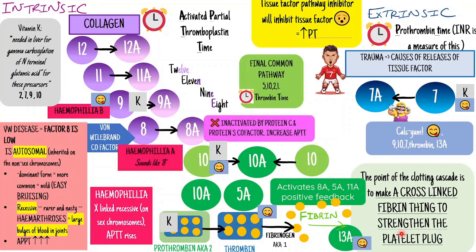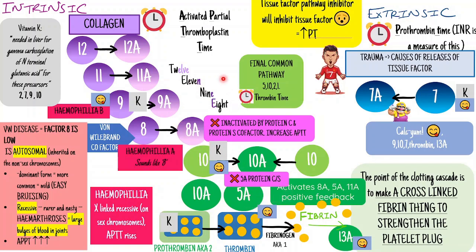Unfortunately, there's a little bit more, but we're almost done. 8A and 5A are inactivated by natural things called protein C and also protein S cofactor. These are produced naturally in the body when your body doesn't want to clot as much, and it's going to come along and inactivate 8A and 5A, put a big fat X through them, and stop them from working.